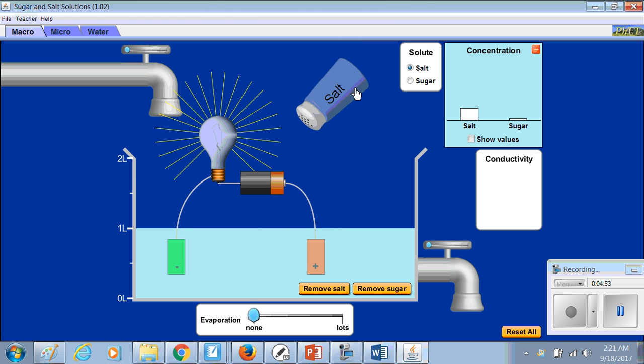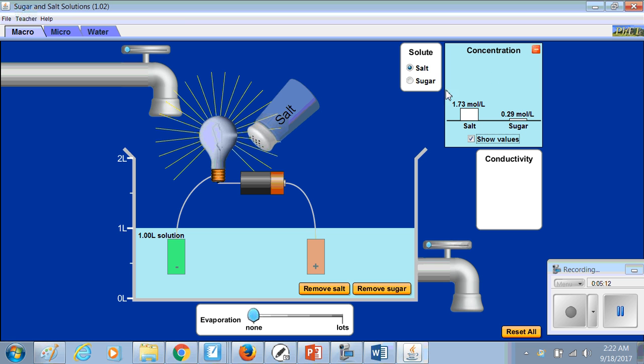My bulb starts to glow again. And if you look over here with the concentration, we talked a little bit about molarity, but molarity, capital M, is moles of solute per liter of solution.